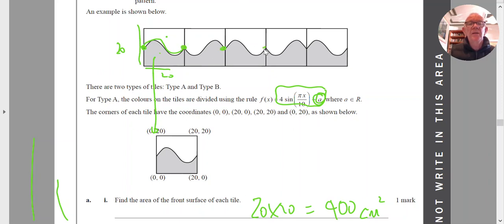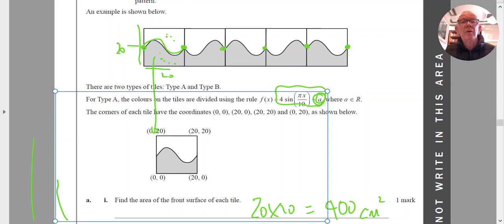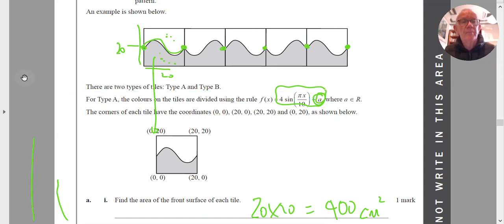So it's got to be 10. It's got to be halfway. Otherwise, the condition of them joining up won't exist. If it wasn't 10, then this area wouldn't equal this area. So my answer has to be 10. What a silly question.